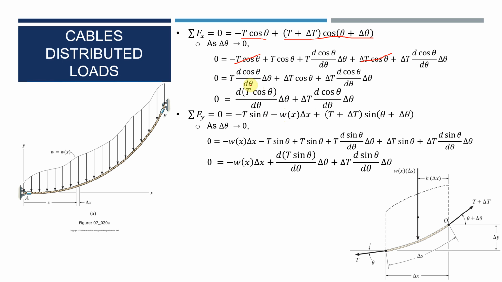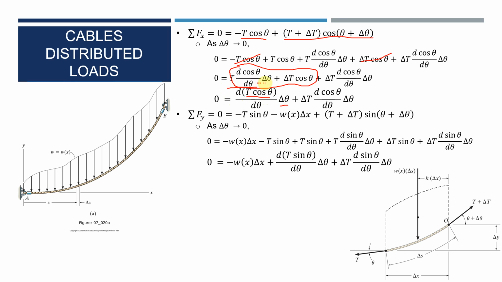Now, these two terms right here, if you look at the derivative with respect to theta of T cosine theta, this is what you're going to get.